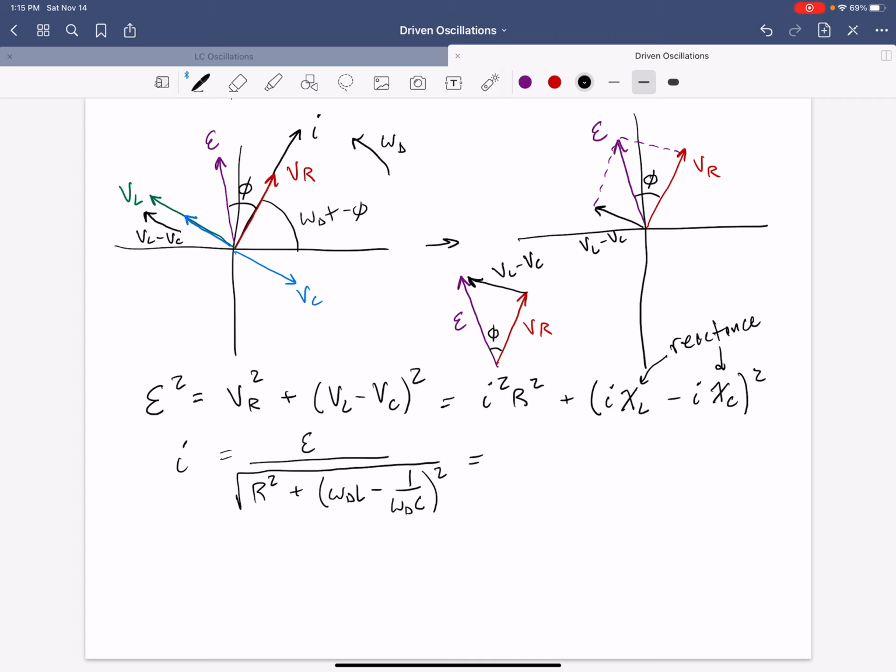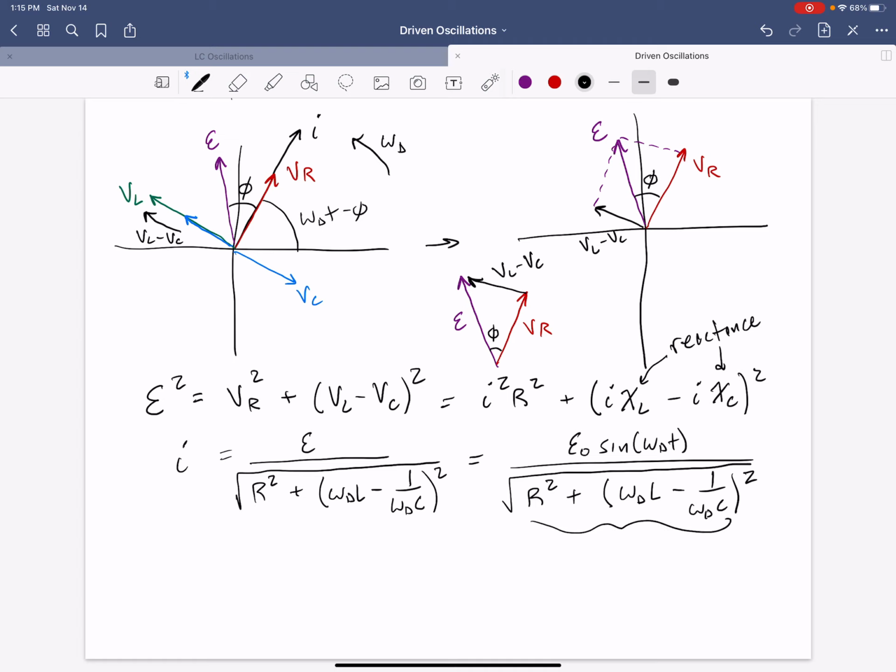If you want to take that one step further, this epsilon on top is actually a function of time. And on the bottom, we have the total effective resistance for the circuit, which can be written like this, with 1 over omega C. It's a lot to write here. We give the stuff inside this square root a name.